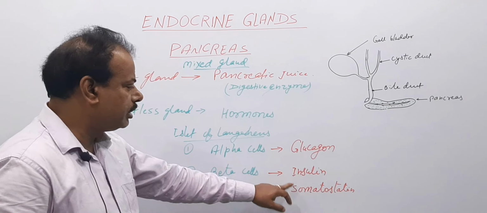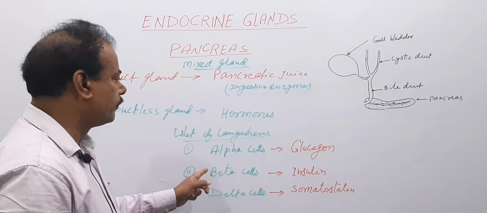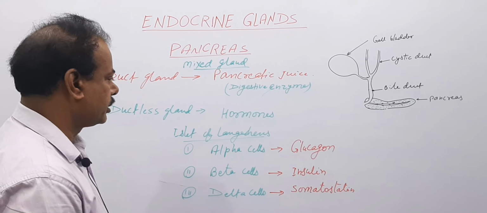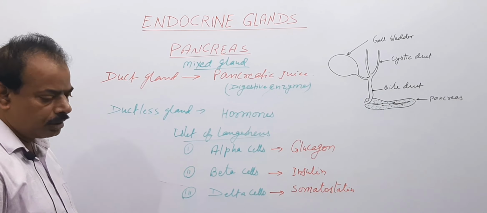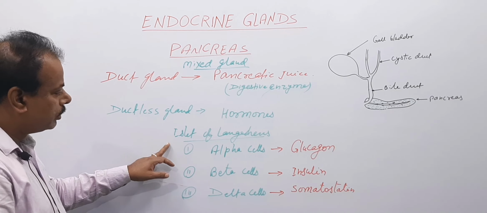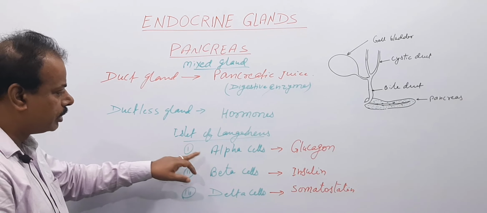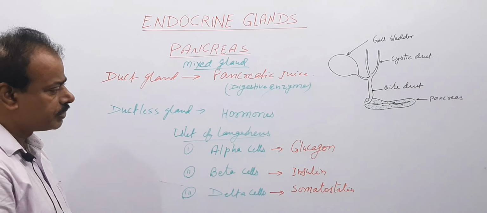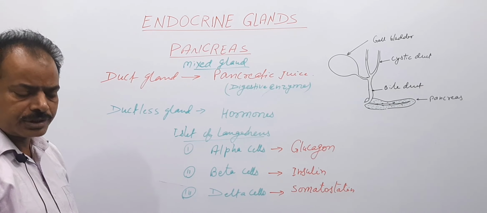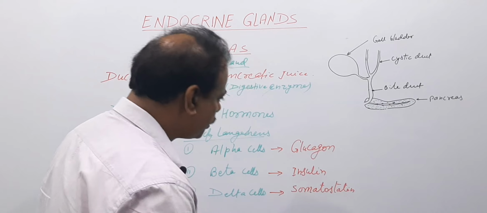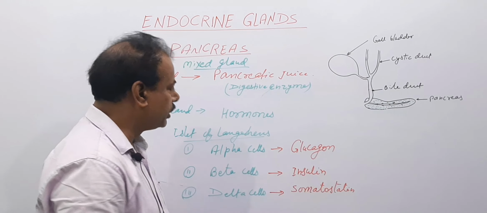So these three hormones are secreted from the endocrine part of the pancreas. Now we will discuss the three hormones and their functions. First of all, insulin.